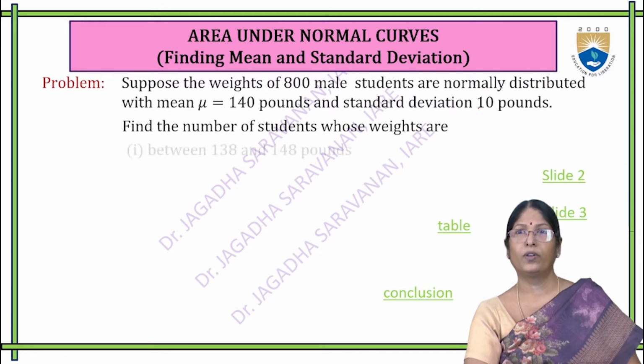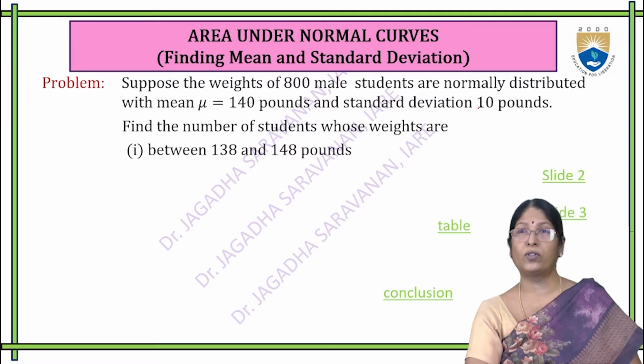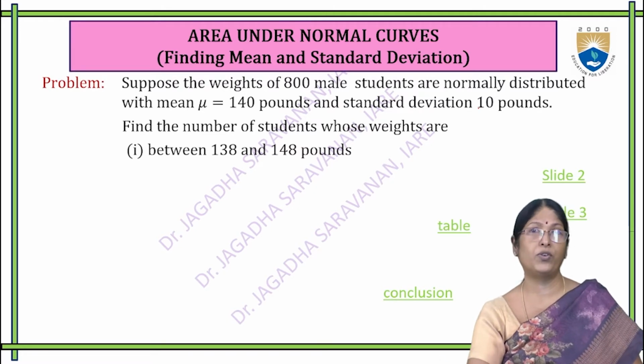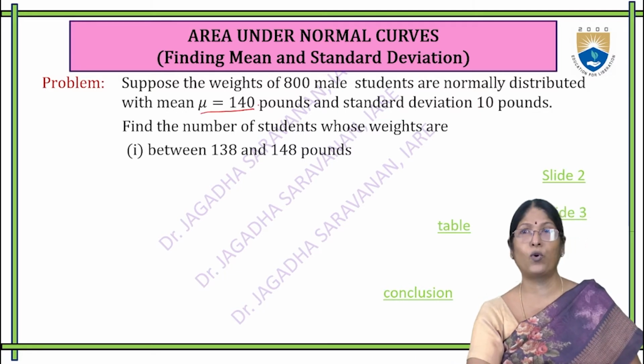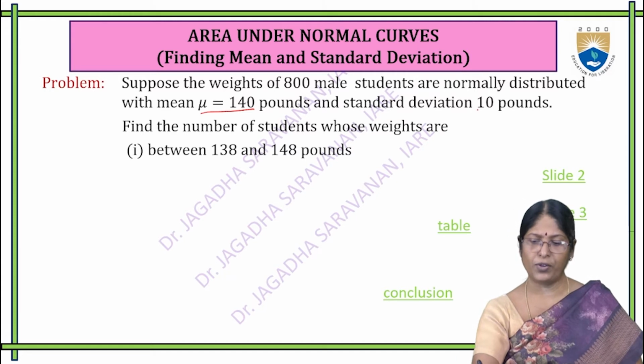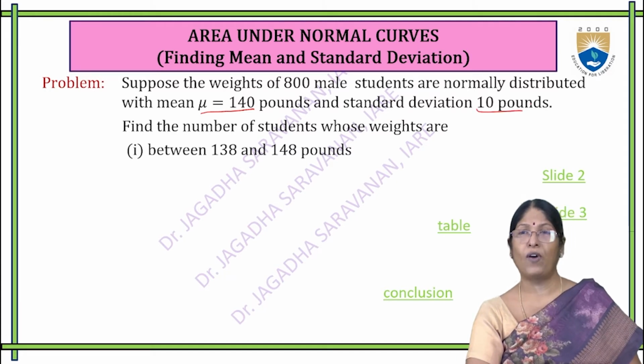So now, suppose the weights of 800 male students are distributed normally. The mean given is 140 pounds, and the standard deviation is 10 pounds. Find the number of students whose weights are between 138 and 148 pounds.